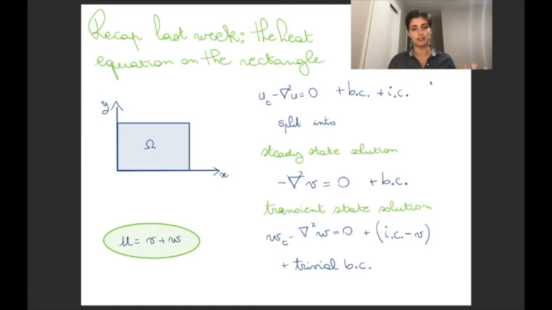The steady state solution has the same boundary conditions as the initial heat equation problem, while the transient state solution has trivial boundary conditions and an initial condition that is the starting initial condition shifted by the solution of the steady state solution. And then, if we have solved for the steady state solution and for the transient state solution, then the solution of the heat equation on the rectangle is the sum of these two elements.